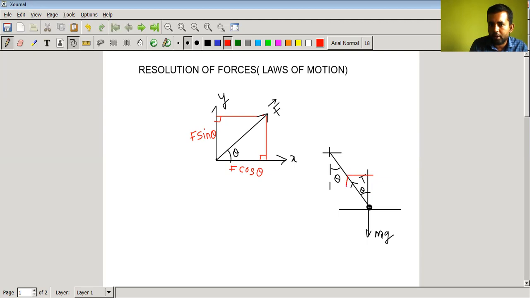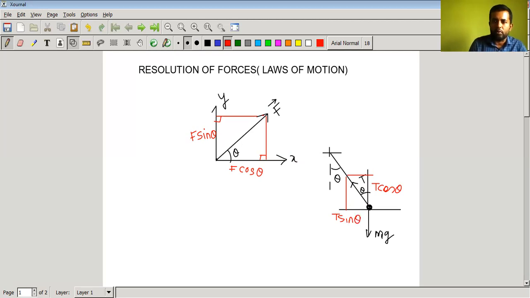If I drop a perpendicular from here, then it will be the y component of the tension. Again, going by the same rule we discussed here, this will be T cos theta and this will be T sin theta.